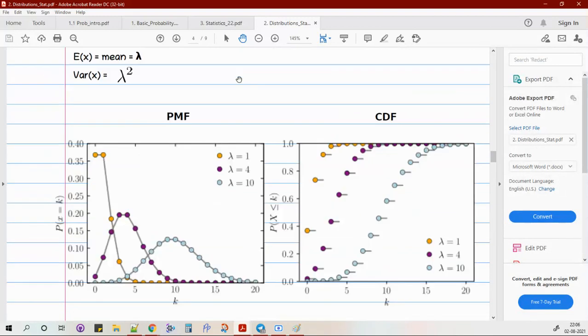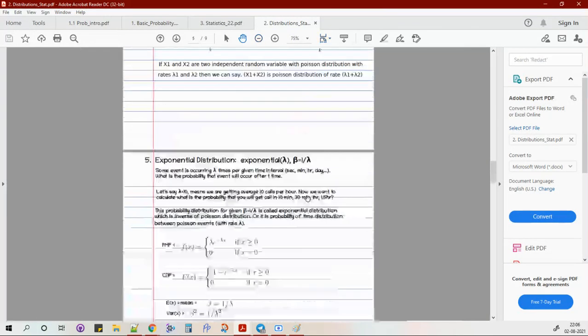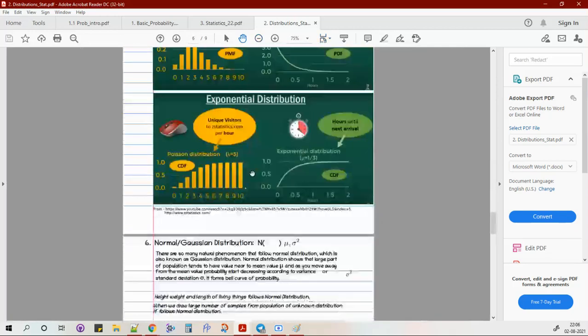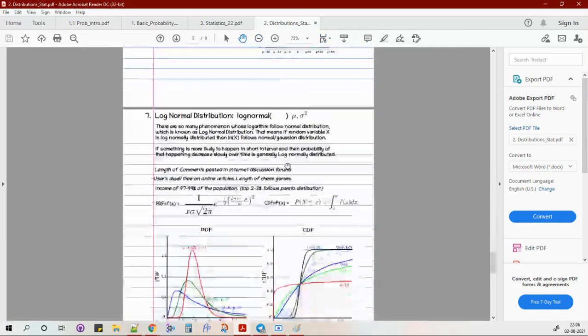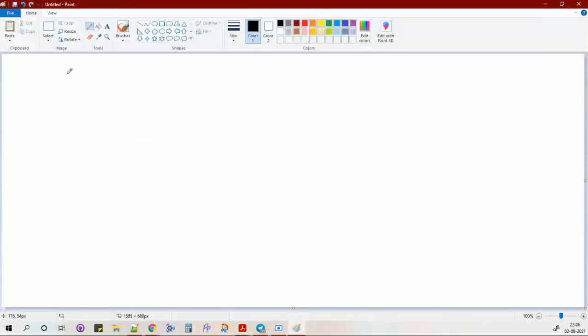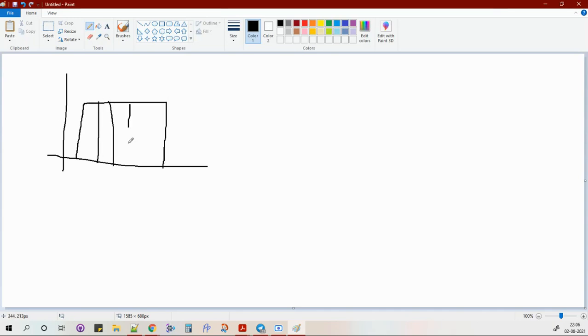If I throw a dice, what is the probability of 1, 2, 3, 4, 5, 6? It is the same, right? For 1, 2, 3, 4, 5, 6, it is 1 by 6.